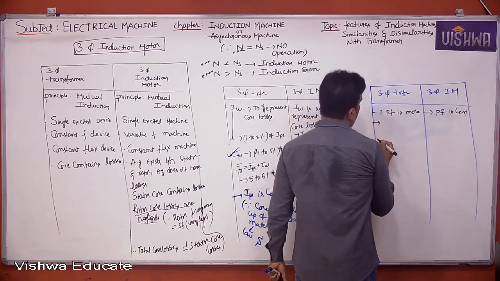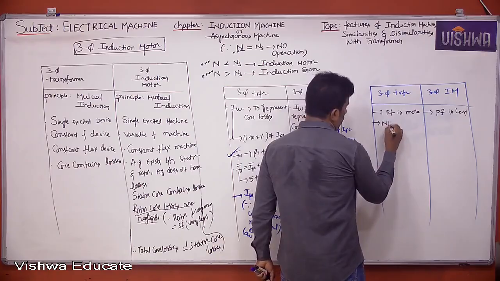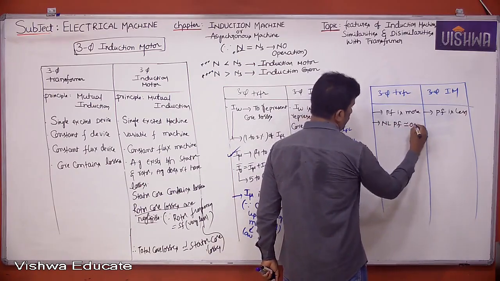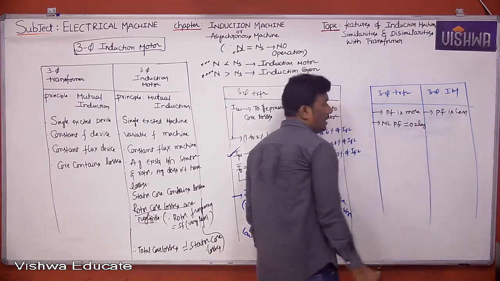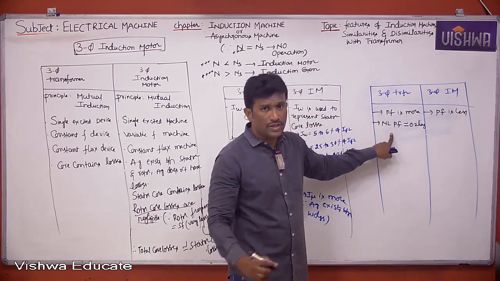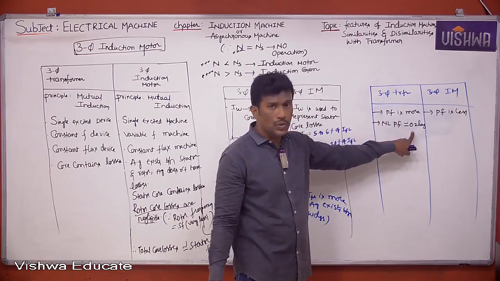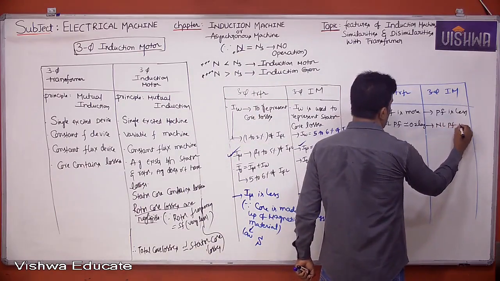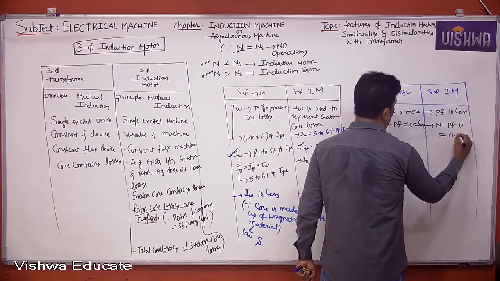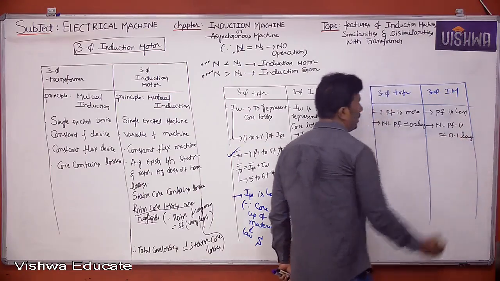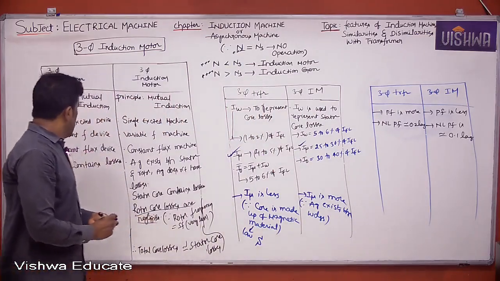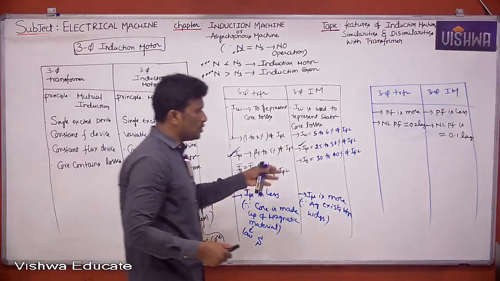So let me write that power factor value also. No load power factor here is approximately 0.2 lag. We already discussed this in the transformer. Please try to refer to the topic. No load power factor is 0.2 lag. And here, in the induction motor, the no load power factor is approximately 0.1 lag.